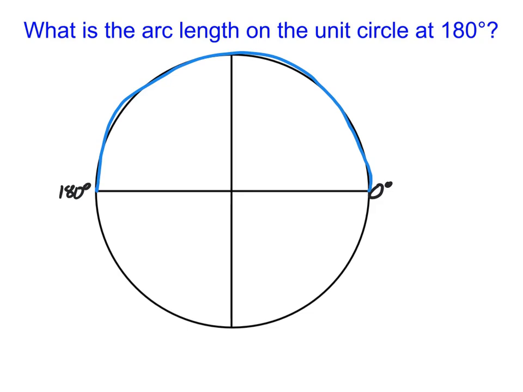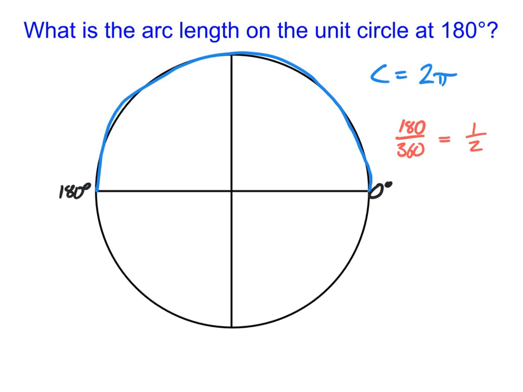Well, we can actually take the circumference that we know from before, where we knew the total circumference was 2 pi, and the 180 degrees that we're working with, that's going to be how much of the total circle we're actually tracing out here. So if I do 180 divided by 360, that ends up giving me 1/2. I can actually just simplify the fraction in that case, but you could also divide it and get 0.5.